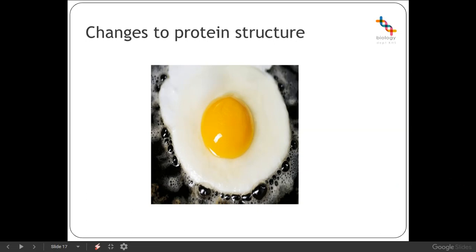Finally, we also need to consider the fact that there are some changes to protein structure. So we all know that proteins are denatured when we increase their temperature. Essentially what's happening is increasing that temperature is going to disrupt those interactions between those different R groups and the hydrogen bonds between our different amino acids. As a result, if we disrupt those bonds, that's going to cause the protein to essentially unfold and become denatured.